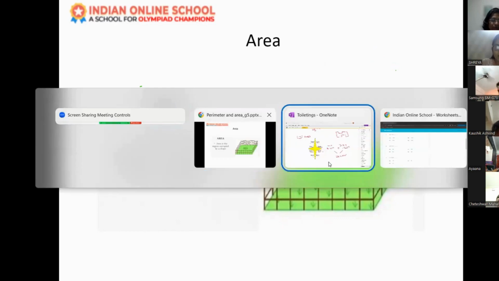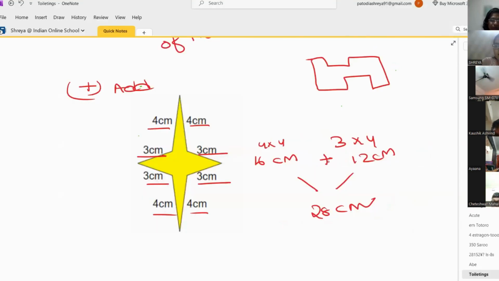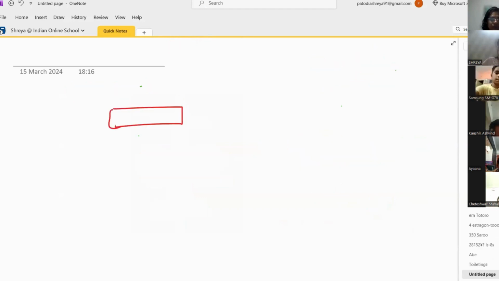So we can explain it like this: when you have area and perimeter of, say, this playground, the perimeter you calculate by adding this up, and if you have to calculate the area, you take this portion. Area in dictionary terms means the space occupied by any object.